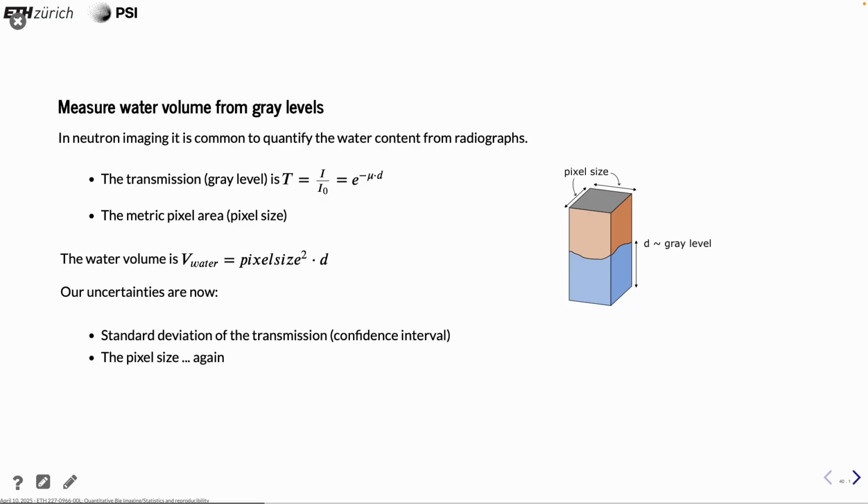A bit more complicated is when we want to measure something based on the gray levels. In this case, I'm talking about the water volume behind each pixel. From Beer-Lambert's law, we can get this D, which is the thickness of water behind the pixel. Then the volume of water is the pixel size squared times this D. We now have the uncertainties: some kind of standard deviation in the transmission, some confidence interval, and again the pixel size.